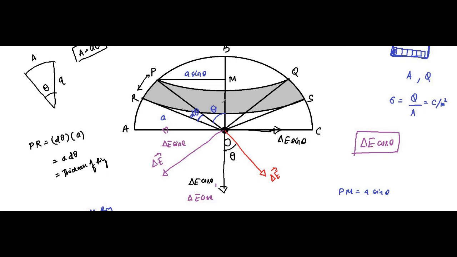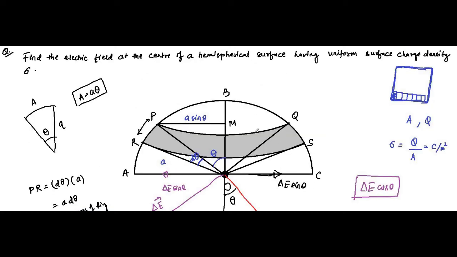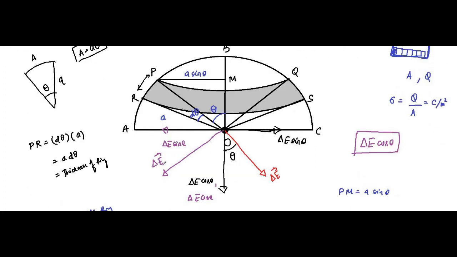See here, I have said from the start that we are dividing this whole semicircular region into two halves, left half and right half. For the left half portion PR, this red delta E vector is the electric field component. When it goes to the right half, the QS portion of the ring shape structure, the right half BOC, the electric field component is the purple delta E vector.